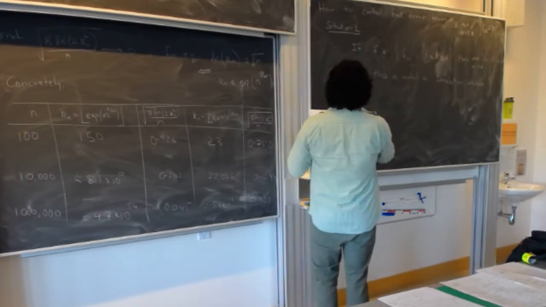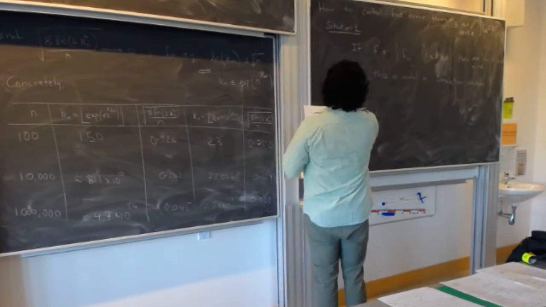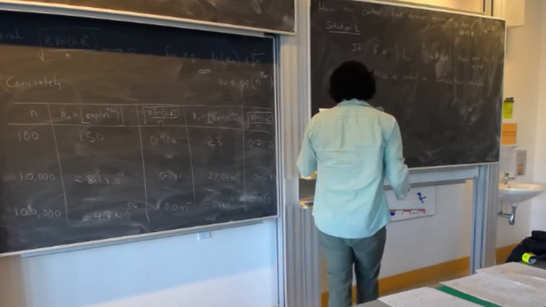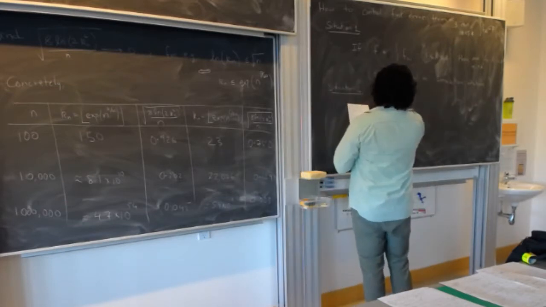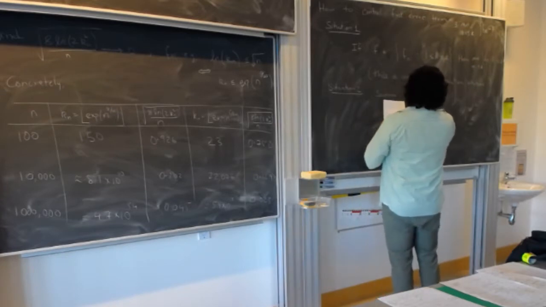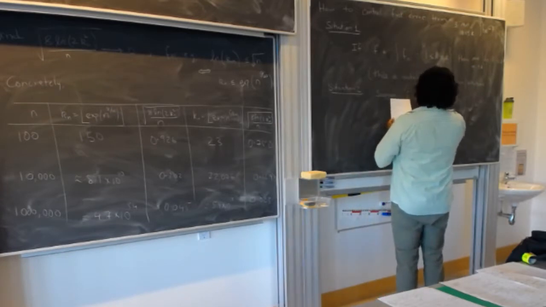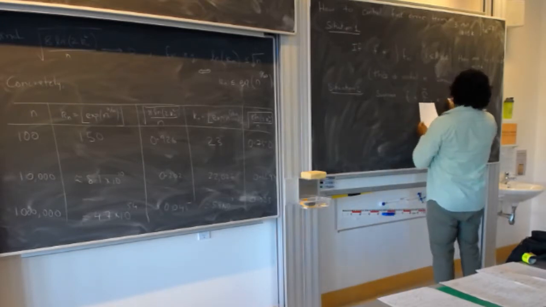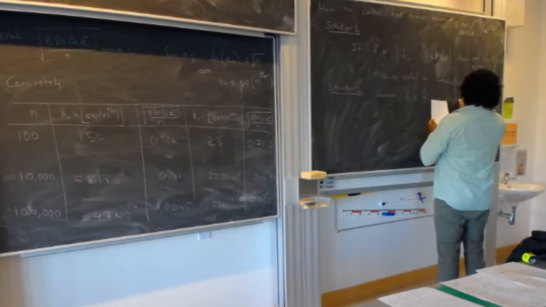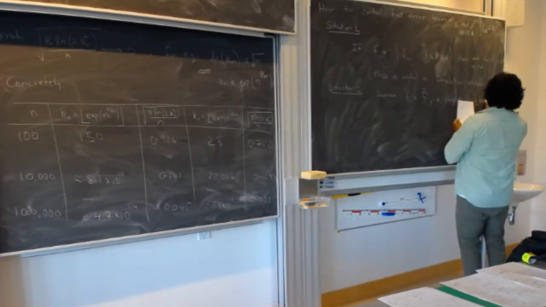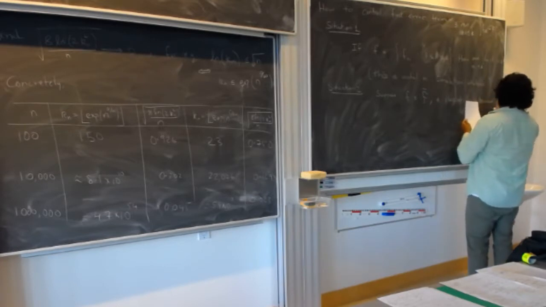Okay, so situation 2. Now suppose f is an element of some script f tilde, right? So this is a class of densities, say totally bounded densities.